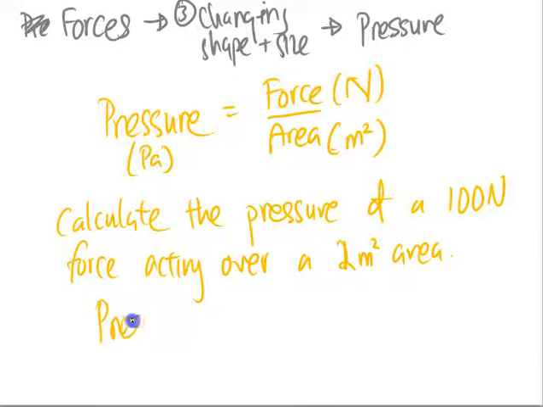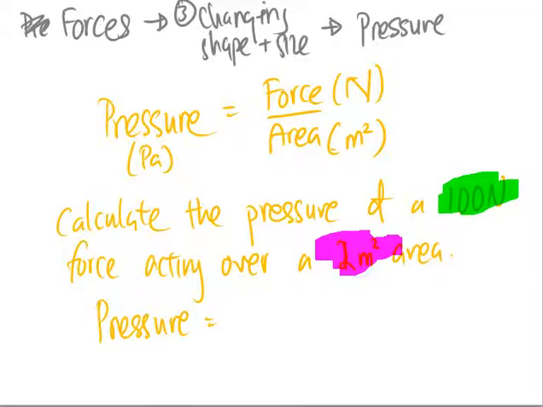So the pressure is equivalent to, you can see the force is here, the area is here, 2 meter square. So this is equivalent to 100 divided by 2, so it's 50 Pascal.